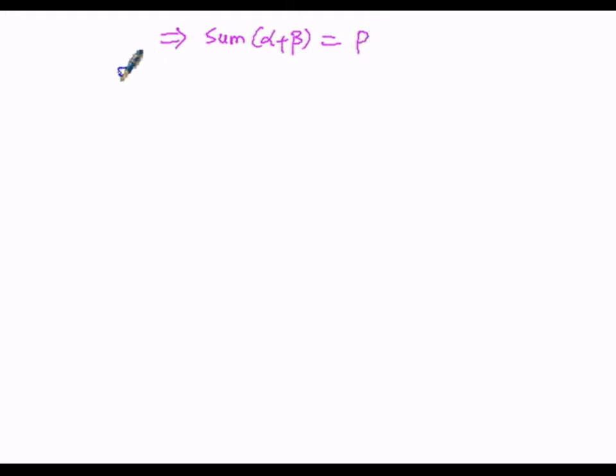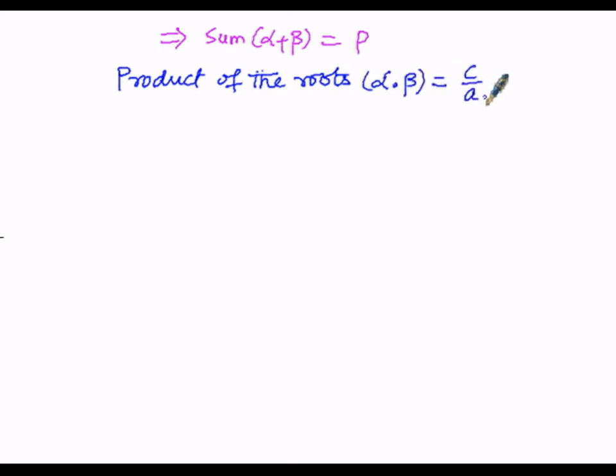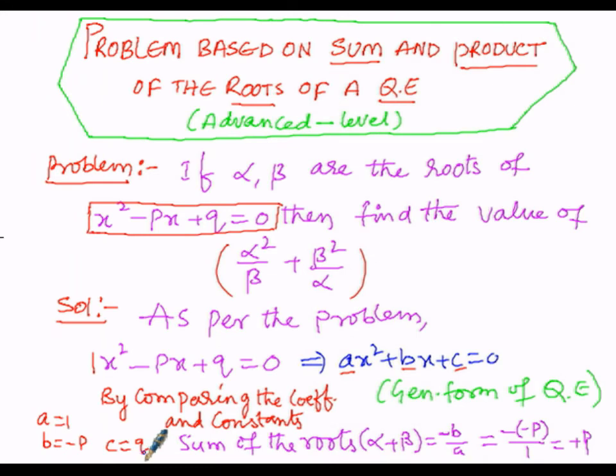Then now let us find out the product of the roots. The product of the roots is given by alpha into beta. Alpha into beta is given by the formula c divided by a. So that implies c value as per the problem is q, divided by a which is 1.